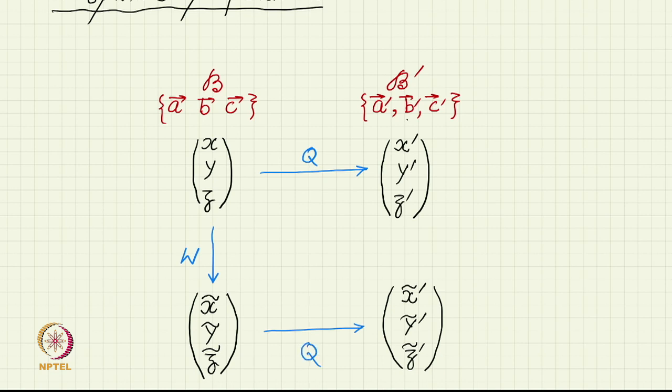This is also by Q. But as we have seen, in the new basis, the same symmetry operation will now have a new avatar, it will have a new root.